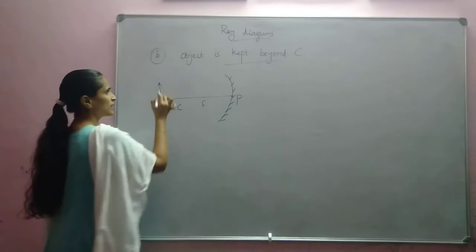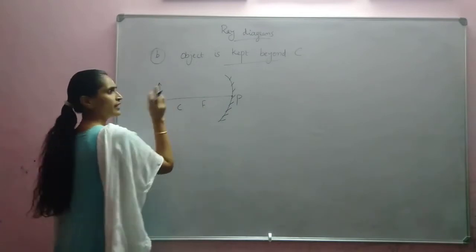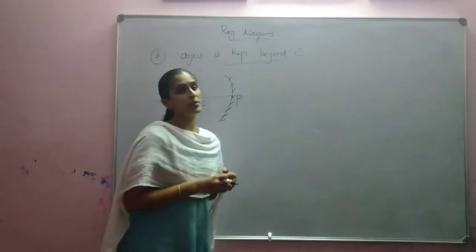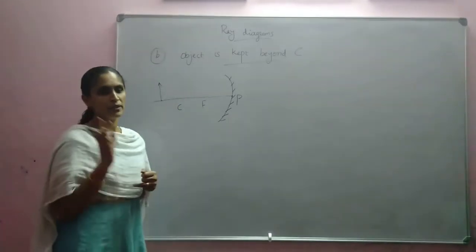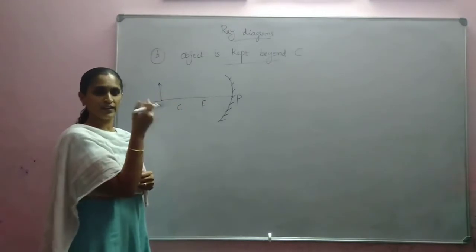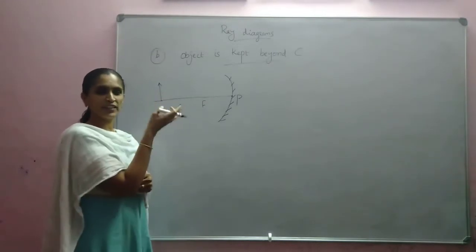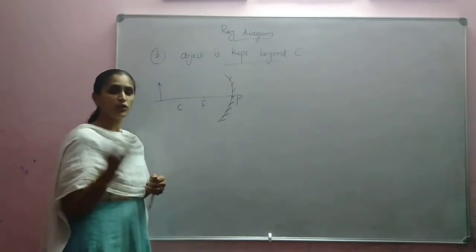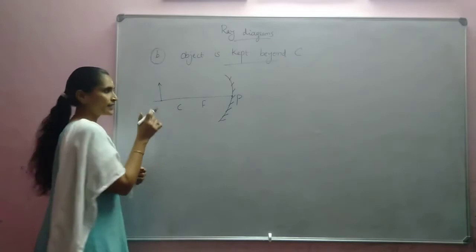So what happens? To know where the image is formed by using a ray diagram, a minimum of 2 rays are needed. Which are those 2 rays we can use? We already discussed them just now. Among those, you can consider any 2 rays, depending on your convenience. Here I am considering these 2 rays.